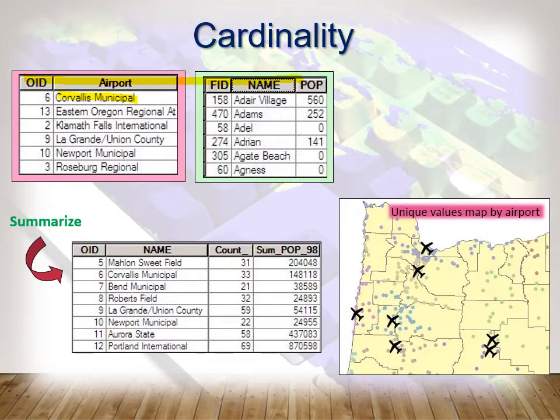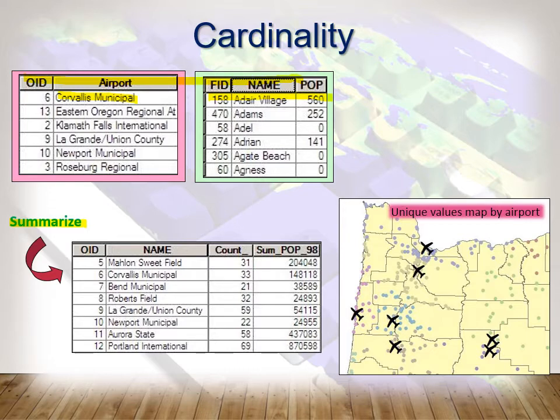You can't add all the cities in the data layer for each record, just like when you're doing a relate, you can't shove a whole bunch of different data into one record. So what happens is you have to summarize the attribute fields, or whichever attribute fields that are there, and you have choices of how to summarize this.